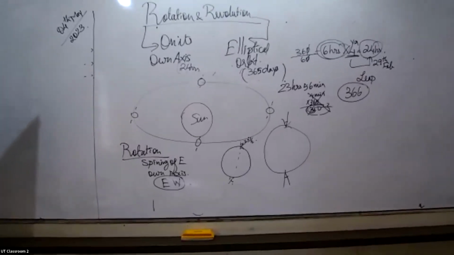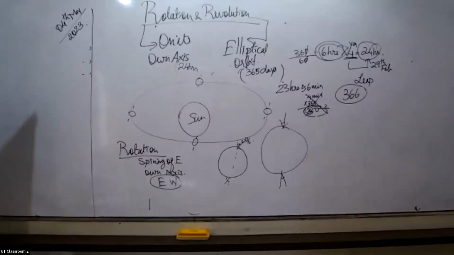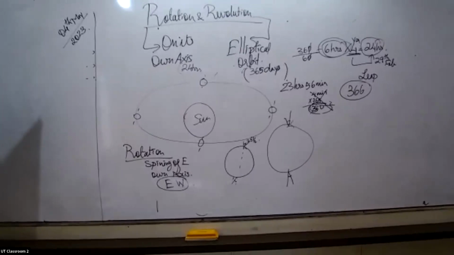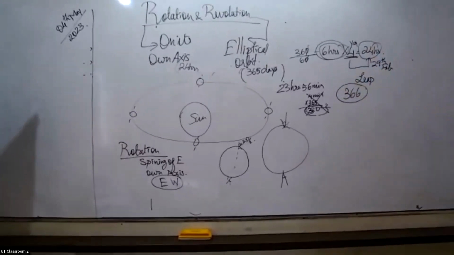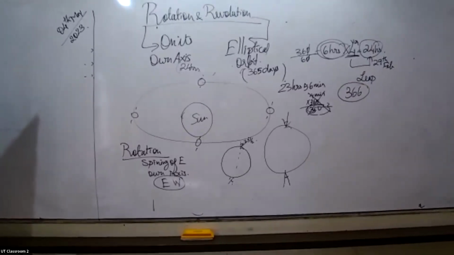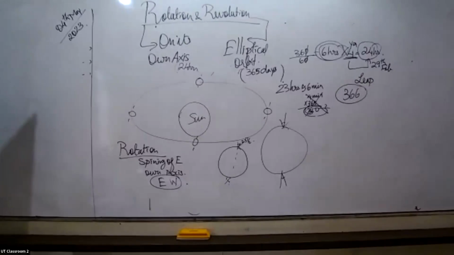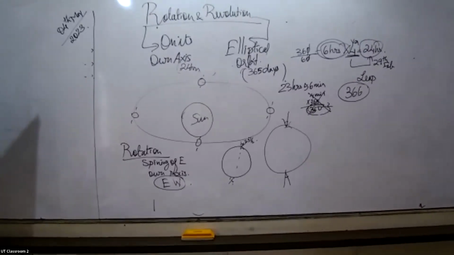Why not? It's rotating at such a speed, yet we feel the Earth is still. Alright, that's all about the rotation of the Earth. Day and night are caused by the rotation of the Earth.